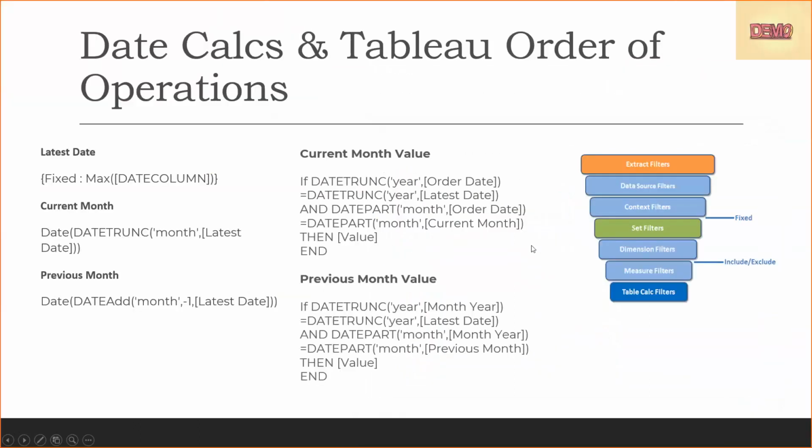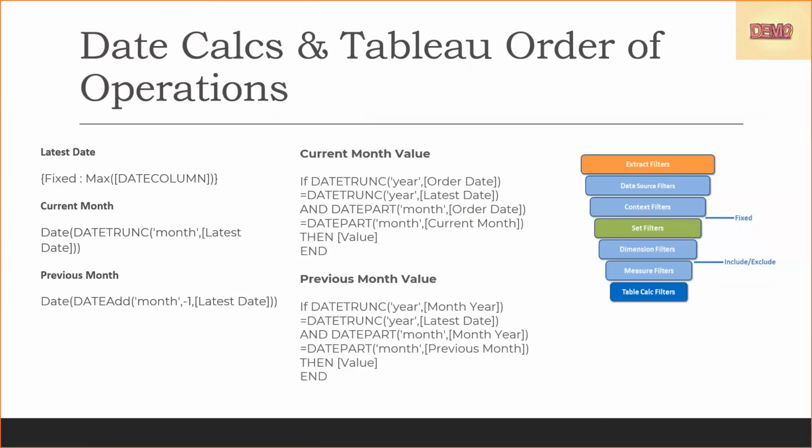And I'll stop here after this couple of calculations and go to a demo. So I get asked all the time, how do you see the current month versus the previous month for dashboards? So in this calculation, I just threw up how you get the latest date.